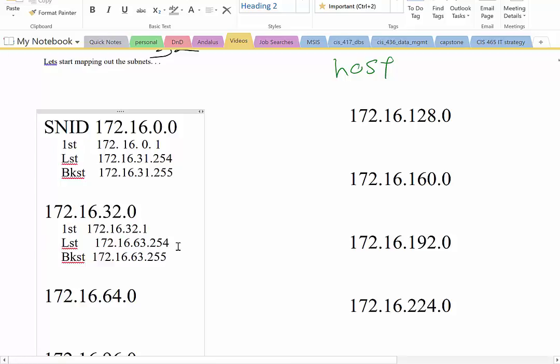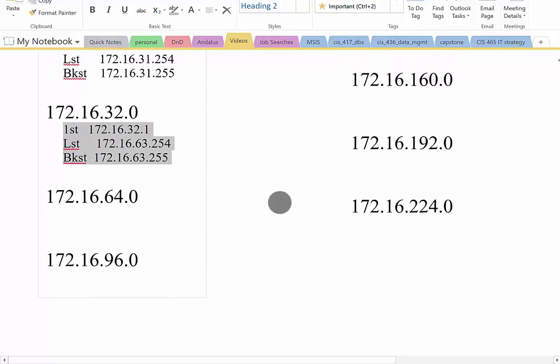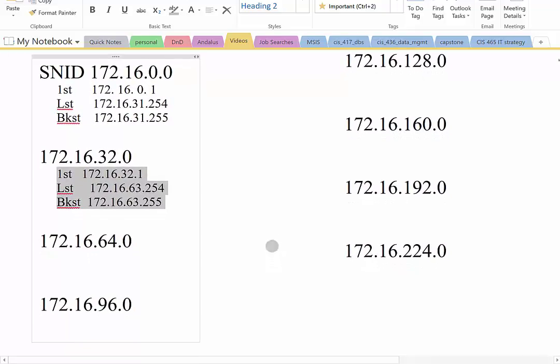See, I almost made a mistake there. You gotta pay attention, you gotta stay focused. All right, so my first usable is 172.16.32.1. My last usable is 172.16.63.254, and my broadcast is 172.16.63.255.